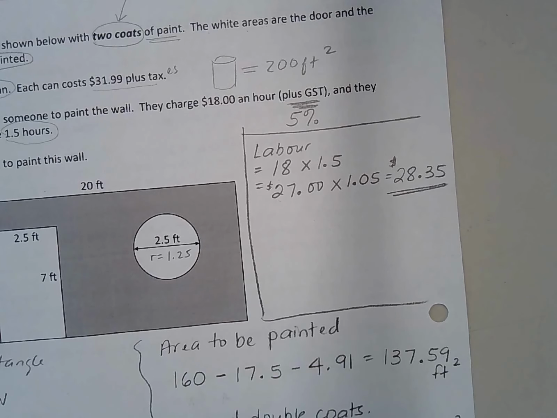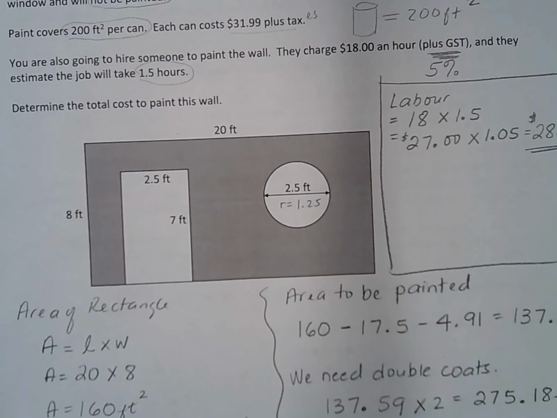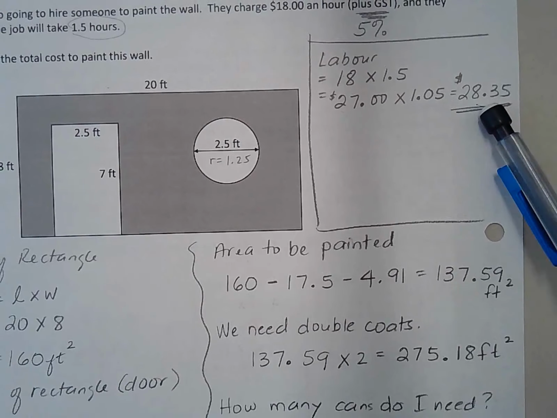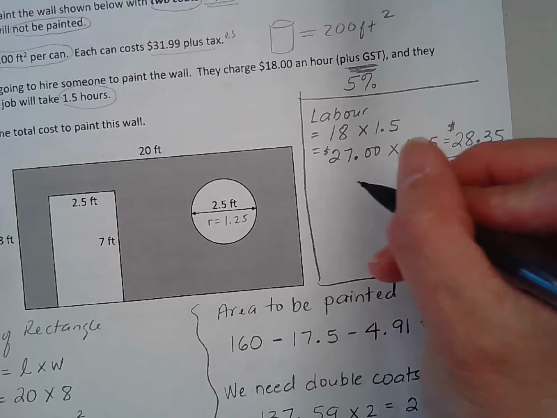Have we finished everything? Are we done everything? No, the paint. So now we figured out how much it costs for the labor and how much it costs for the paint. So total cost. I'm just going to put it over here.